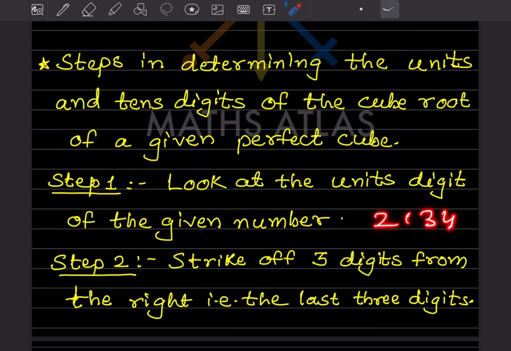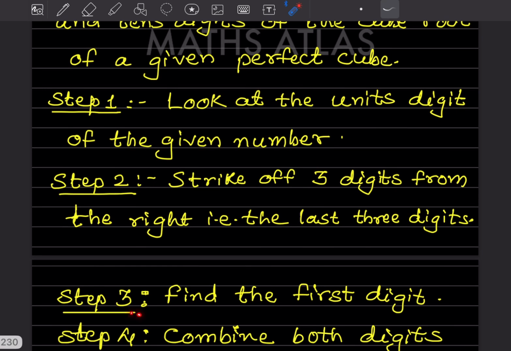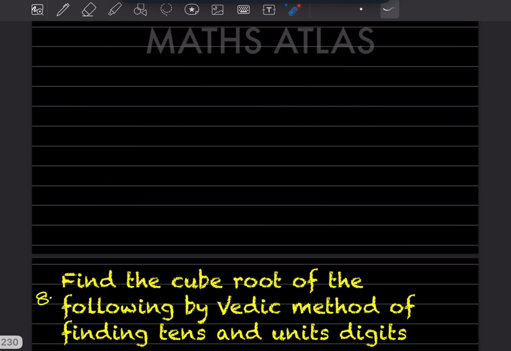This is the right hand side and this is the left hand side. From the right we take the last 3 digits. Then step 3: find the first digit, and then combine both the digits. I'll show you the examples with this.